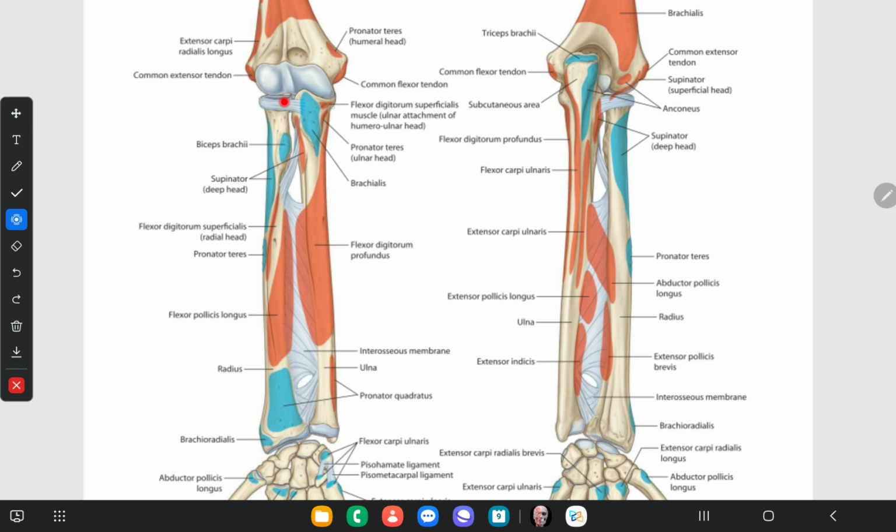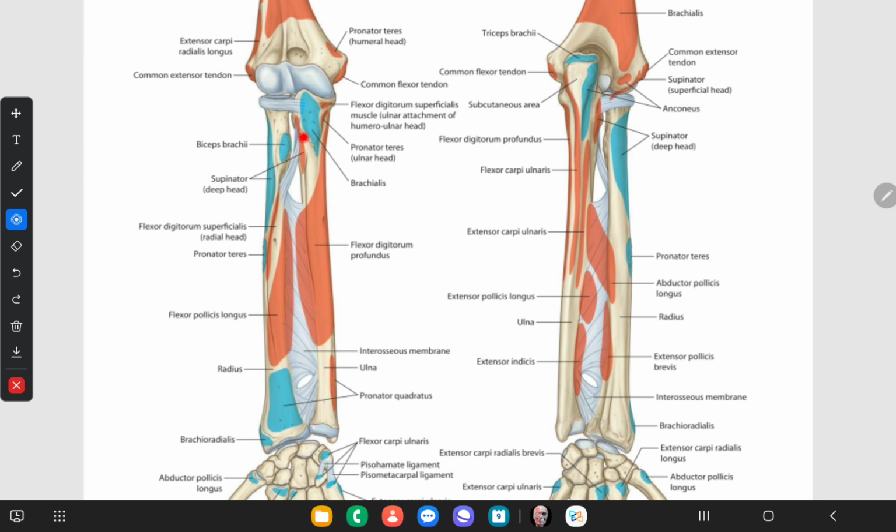Here you can see the flexor digitorum superficialis origin in the ulna, and you can see the pronator teres ulnar head. As I showed in my previous video, the humeral head of the pronator teres starts from the humerus, and the ulnar head of the pronator teres starts from the ulnar bone. Then you can see the origin of the flexor digitorum profundus muscle. Then you can see the origin of the pronator quadratus muscle.